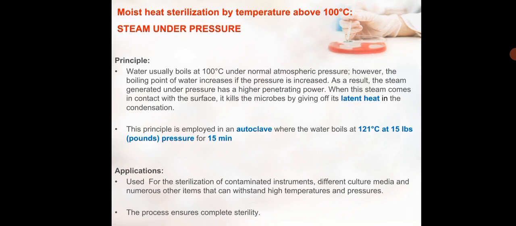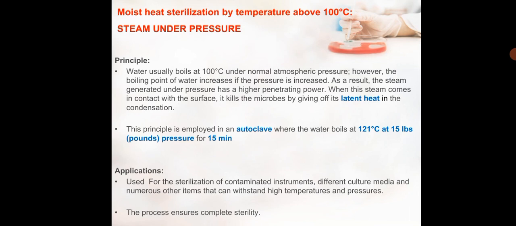As a result, the steam generated under pressure has a higher penetrating power. When this steam comes in contact with a surface, it kills the microbes by giving off its latent heat during the process of condensation. This principle is employed in an autoclave, where water boils at 121 degrees Celsius at 15 pounds pressure for 15 minutes.